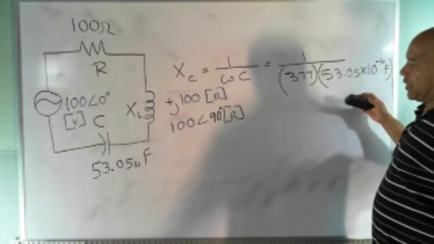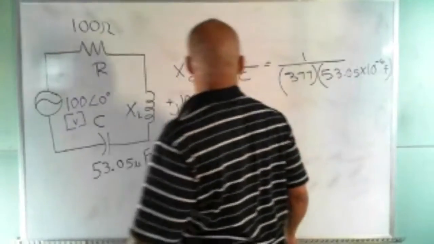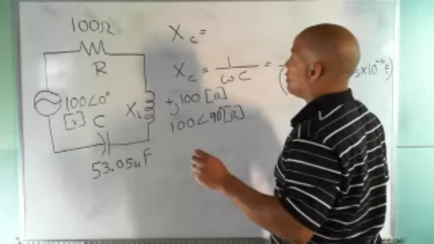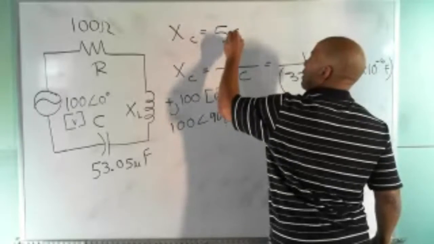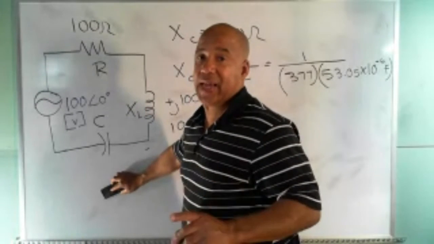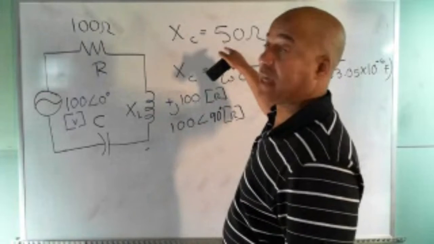Give me the value for XC. 50 ohms. Yes. All right, so when I write that, I'm going to get rid of this. And you guys, it's 50, but it's a minus J50, you have to put that in there.